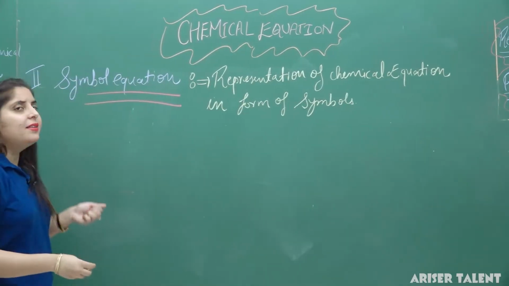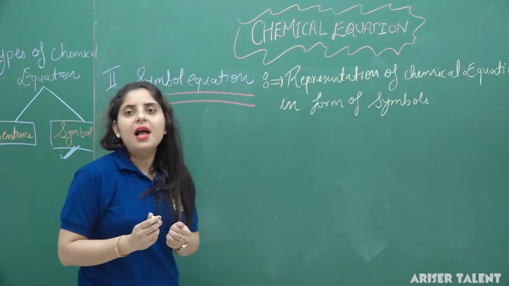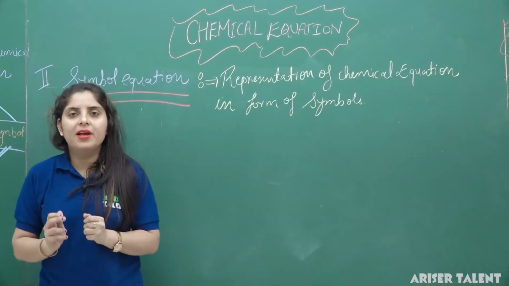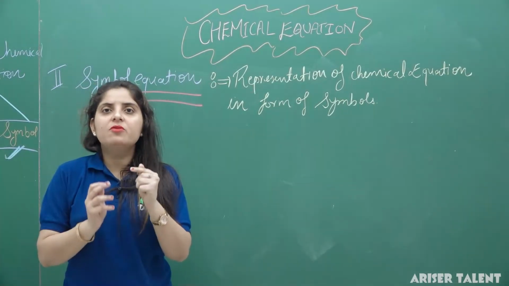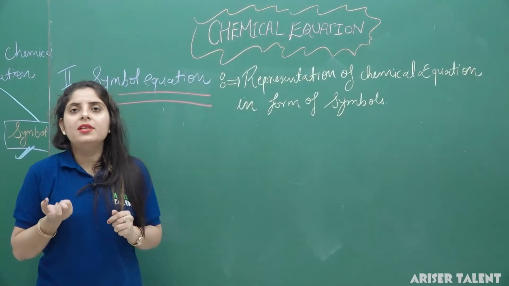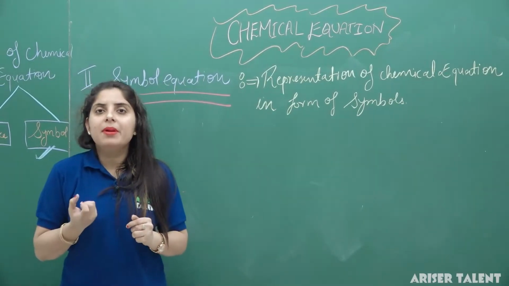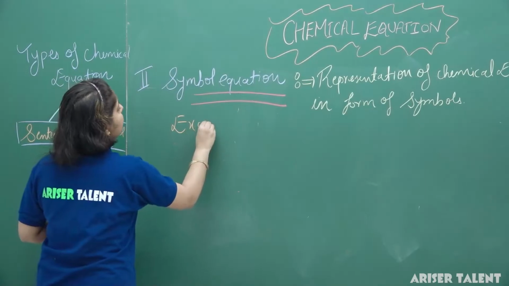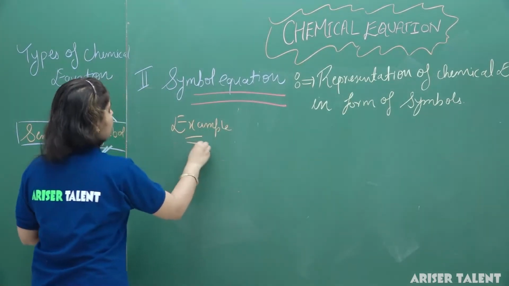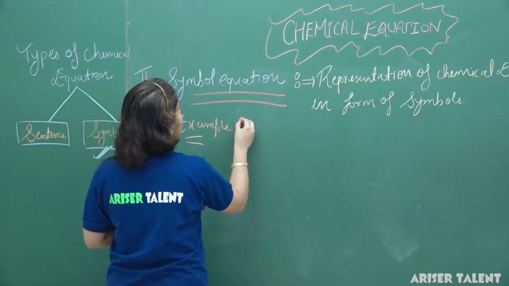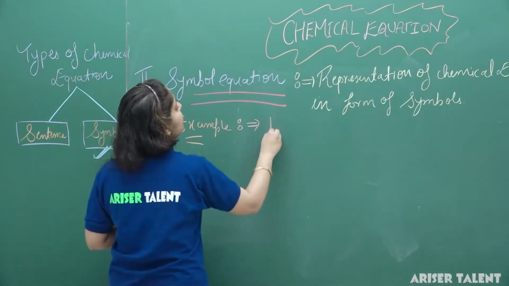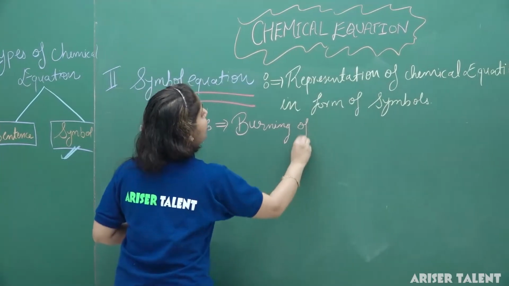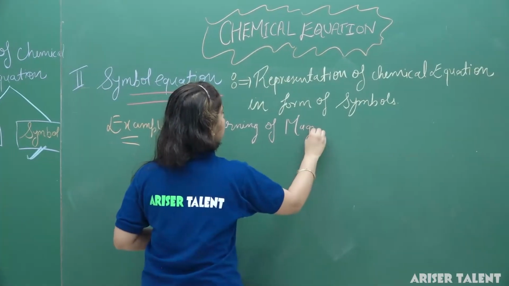So we will write the symbols of any reaction. Here I am taking the example of burning of magnesium wire. We know that when magnesium wire is burned, a white powdery substance is produced, that is magnesium oxide. The example for a symbolic equation will be the burning of magnesium ribbon.